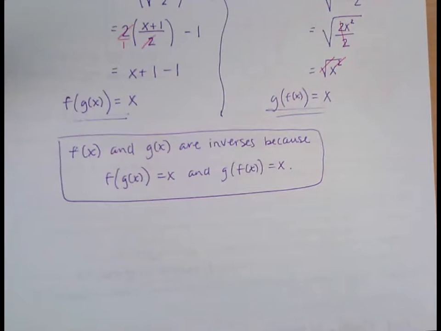So really, no matter what the two functions are, if they're inverses, your reasoning would be the same for every single one. But the reasoning is what shows me that you understand why they're either inverses or they're not.